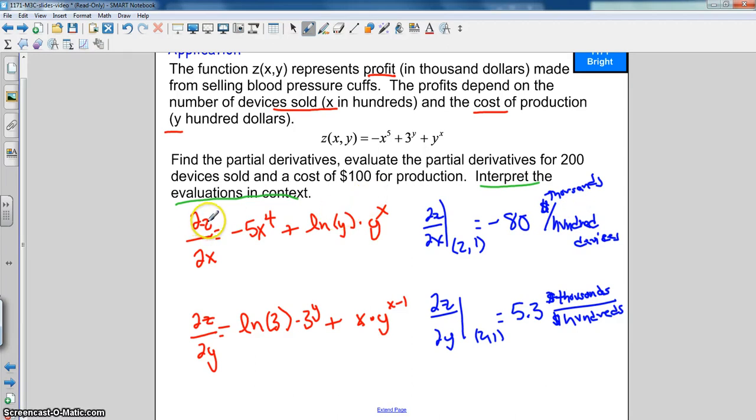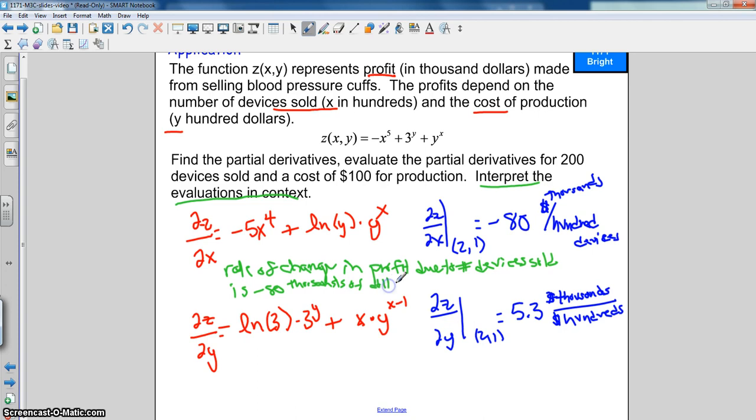But here we can say the rate of change in profit due to the number of devices sold in hundreds is minus 80 thousands of dollars per 100 devices.